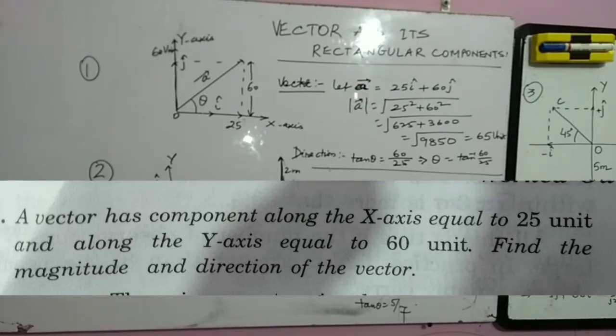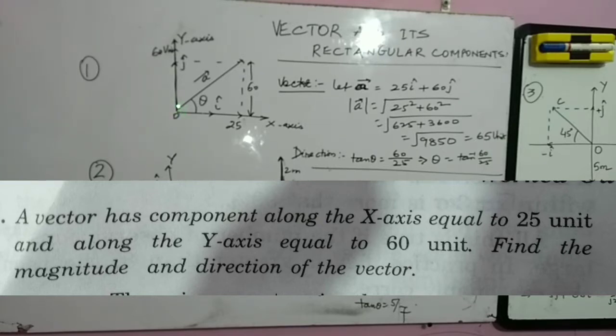The magnitude of A will be equal to the square root of 25 squared plus 60 squared. After solving this, the number under the root is 4225, and we are getting 65 units. So the magnitude of A is 65 units.